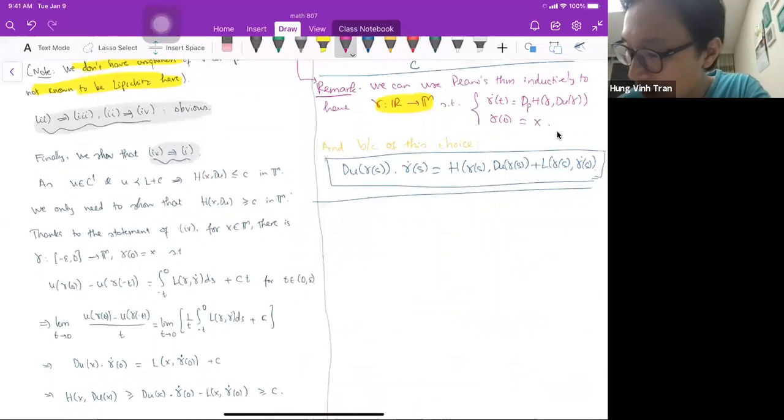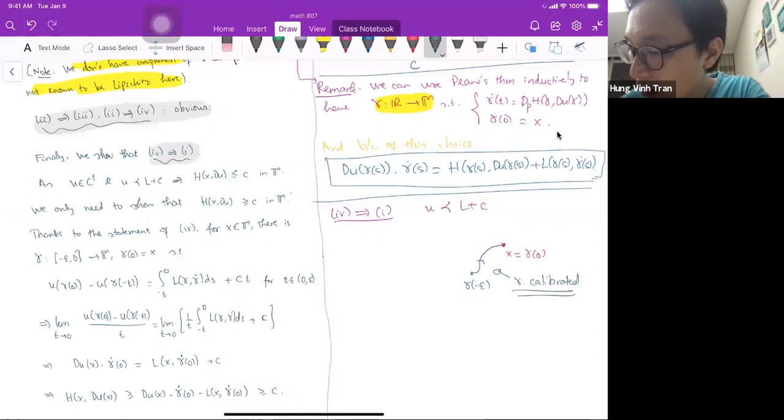So we are proving that 4i implies I. Again, we have u dominated by L plus C, and for any point x, which is gamma 0, we can find a calibrated curve gamma from minus epsilon to 0, with gamma 0 equals x.